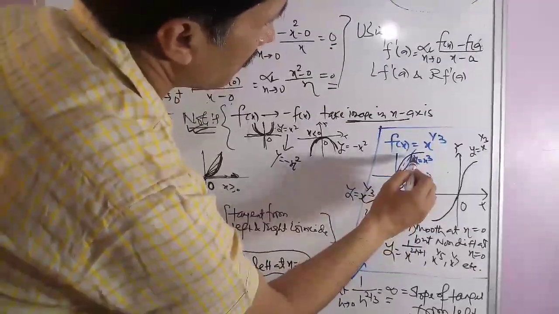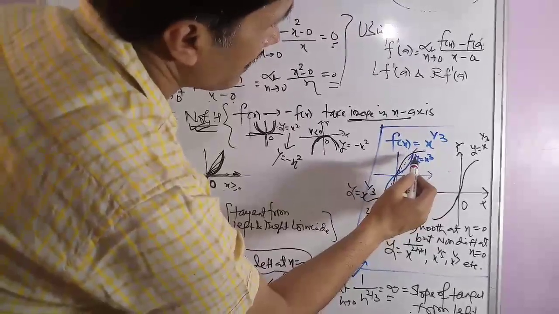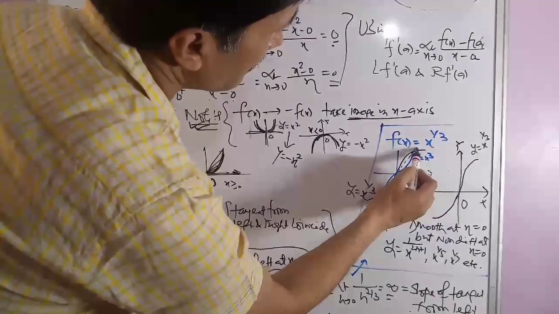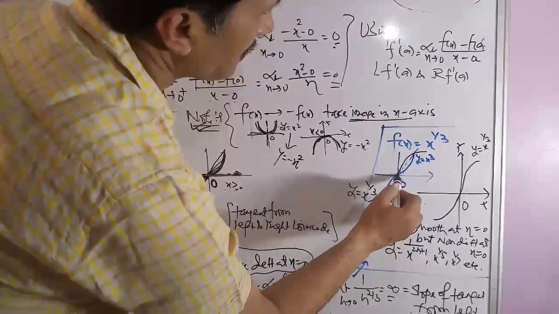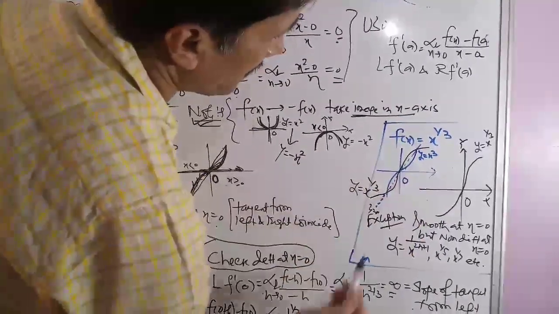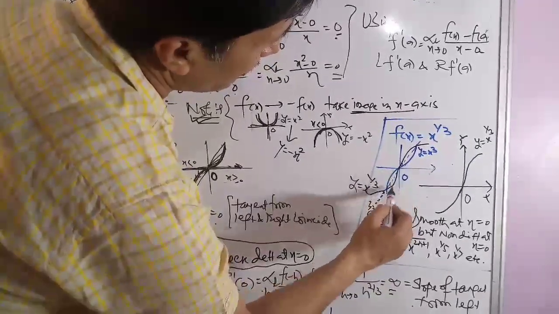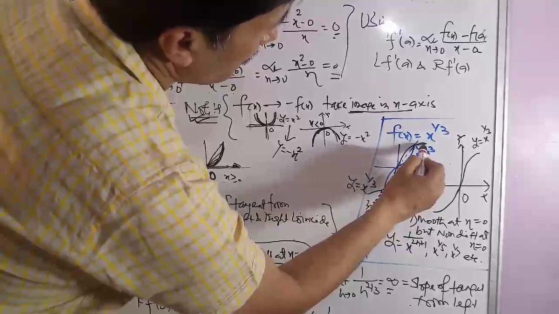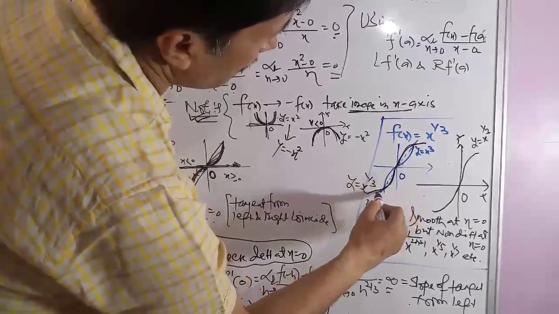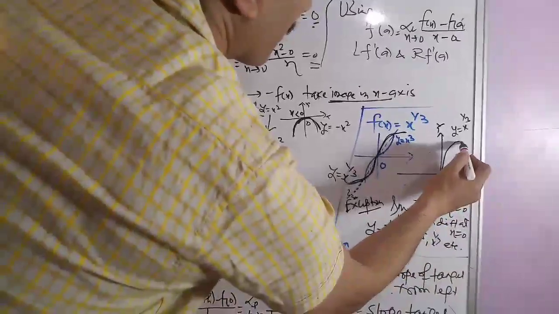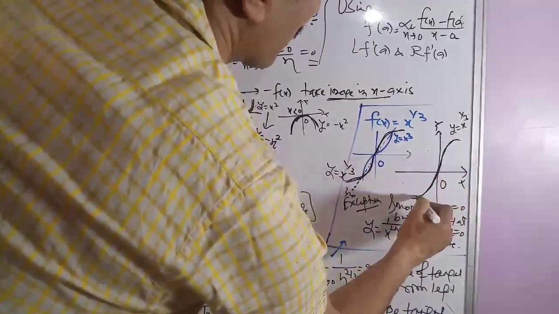We take the image of y equal to x cube in this line corresponding to this branch. This will represent x to the power 1 by 3, and corresponding to this branch, the image about this line is this. So the graph of x to the power 1 by 3 is this. Here is the graph for y equal to x to the power 1 by 3.